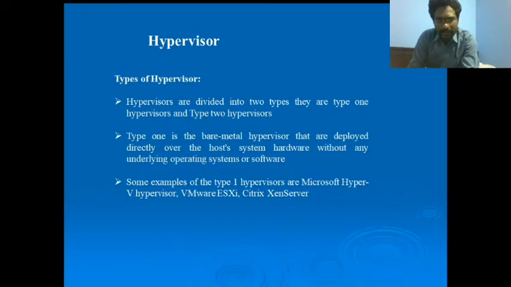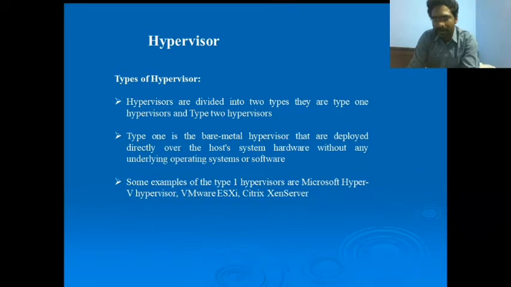Next we are going to see the types of hypervisors. There are two types: type 1 hypervisor and type 2 hypervisor. Type 1 hypervisors are bare metal hypervisors, deployed directly over the host system hardware without any underlying operating system or software.